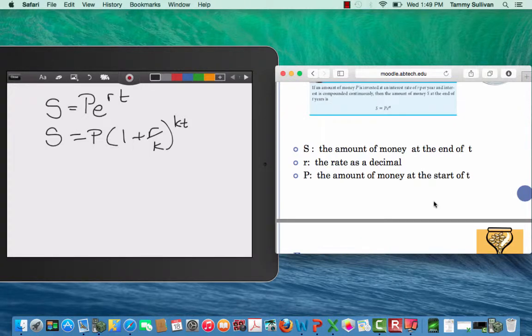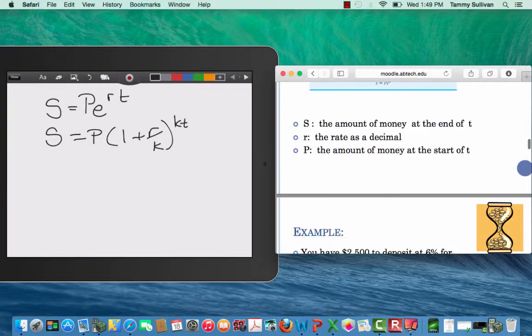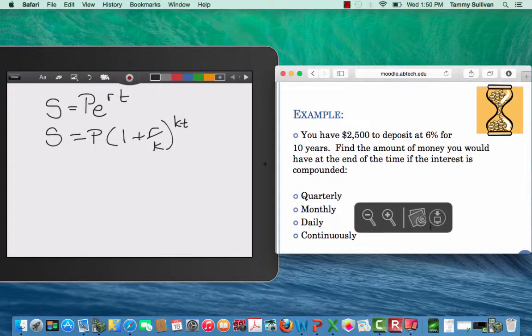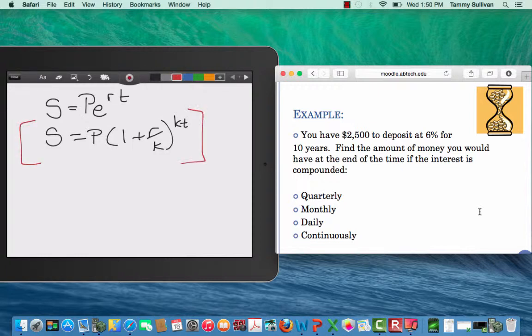So we've got an example here where we've got a $2,500 deposit at 6% for 10 years. Find the amount of money that you would have at the end of the time when the interest is compounded quarterly, monthly, and daily. So this formula right here is what we're going to use for quarterly, monthly, and daily.